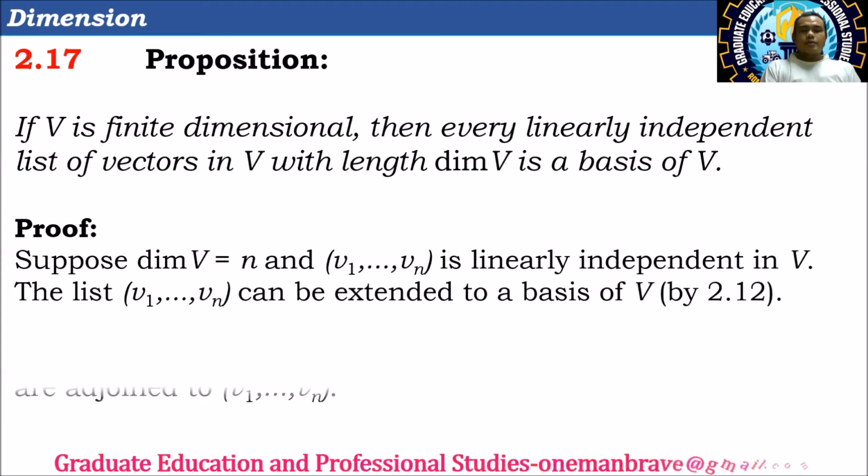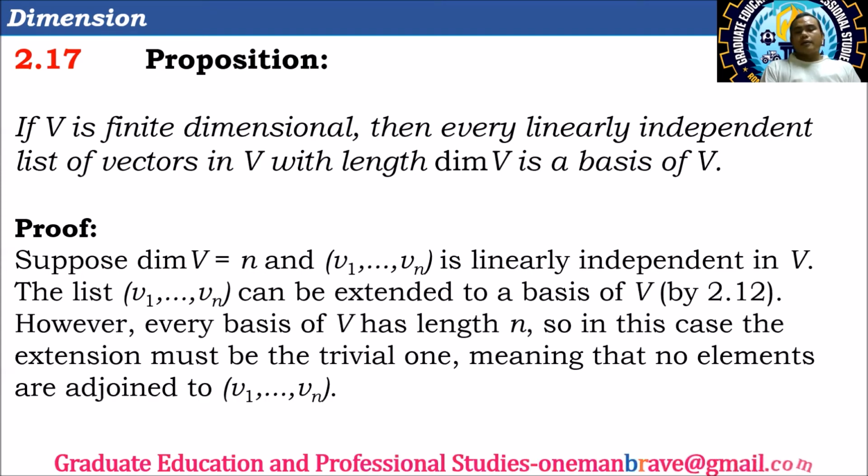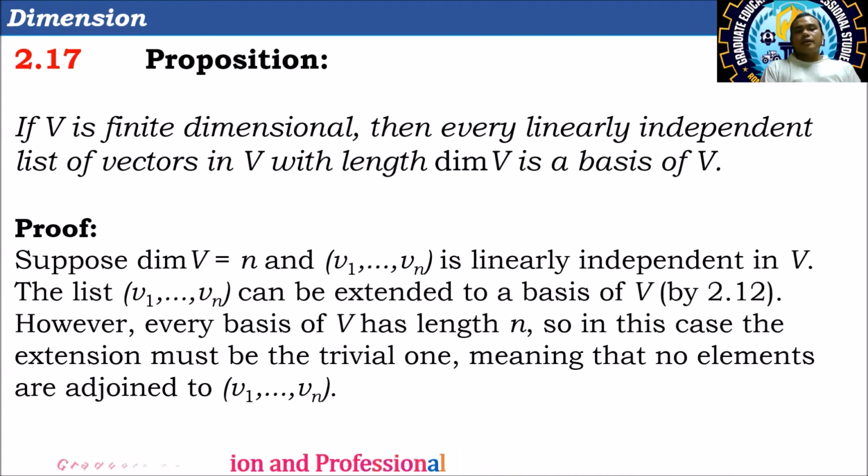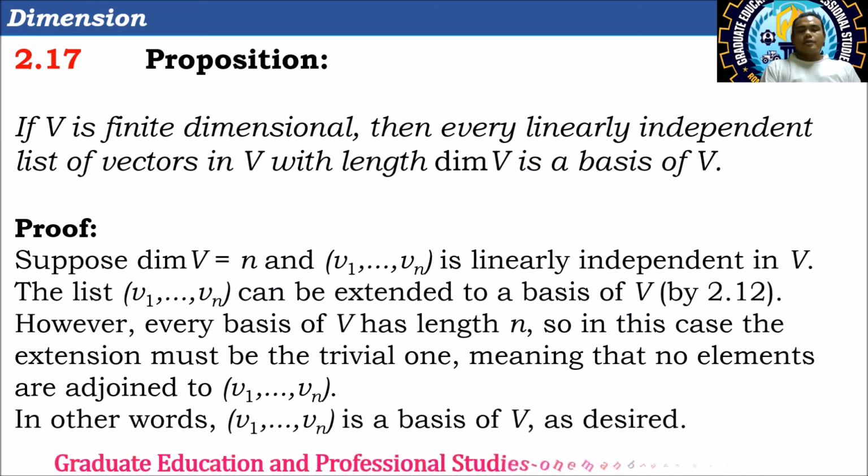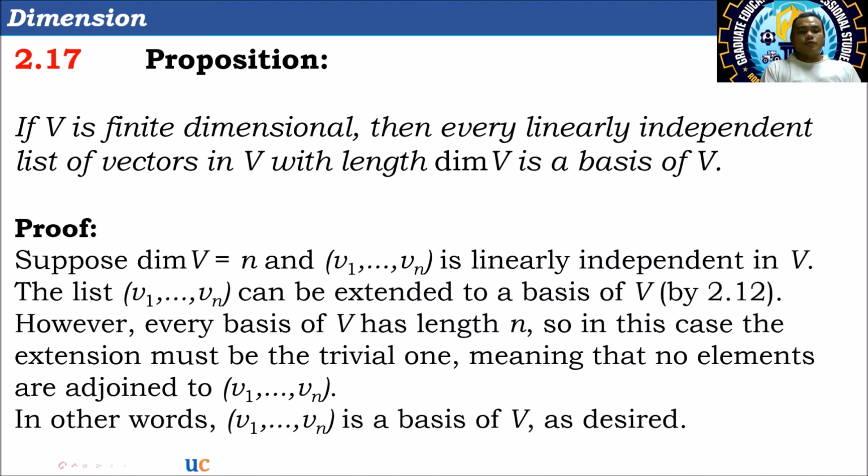However, every basis of V has length n, so in this case the extension must be trivial, meaning that no elements are adjoined to the v's. In other words, the v's are already a basis of V, as we desired to prove.